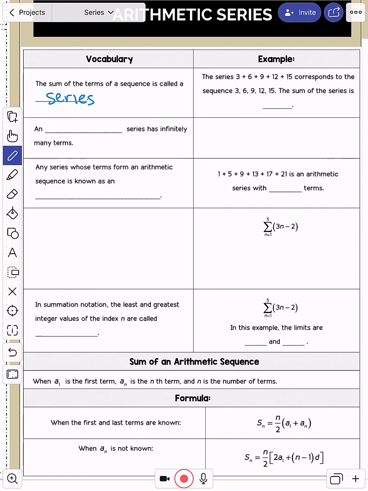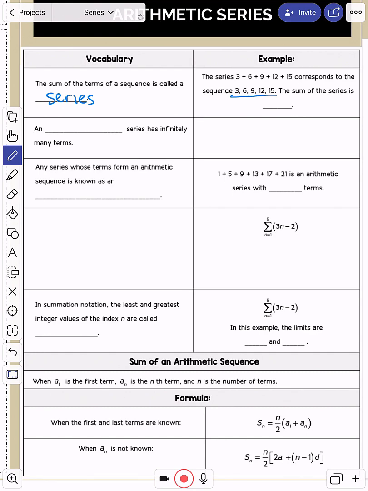And so, if we have the sequence, and we're used to seeing these, the sequence 3, 6, 9, 12, and 15, hopefully you recognize right away as an arithmetic sequence. It has a difference, or d, equal to plus 3. Well, if instead of just having this set of numbers, we actually wanted to know the sum of those numbers, instead of saying the sum of the terms of a sequence, we say the series.